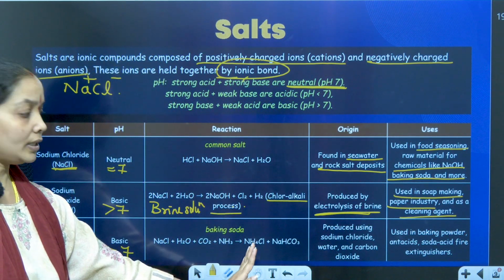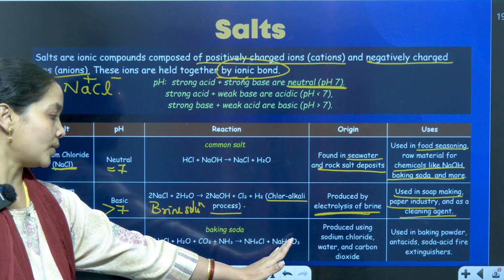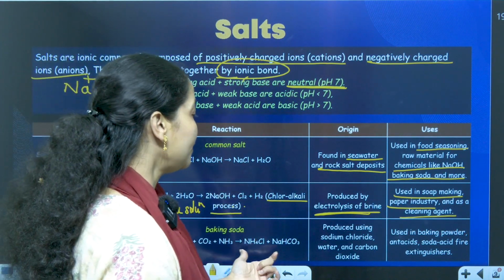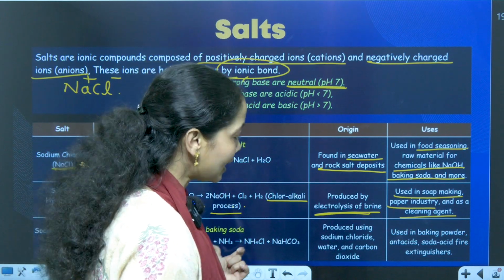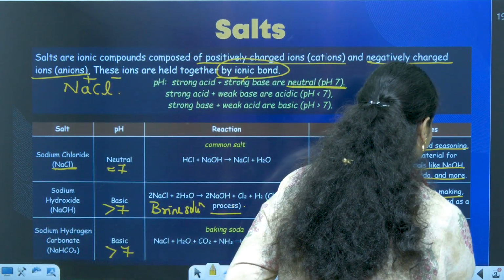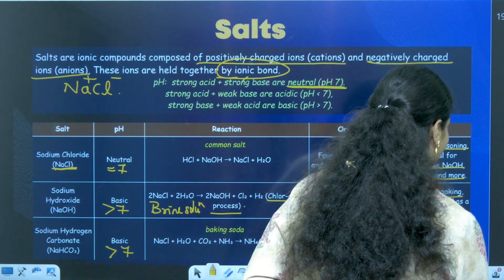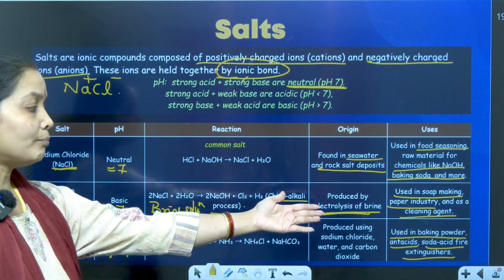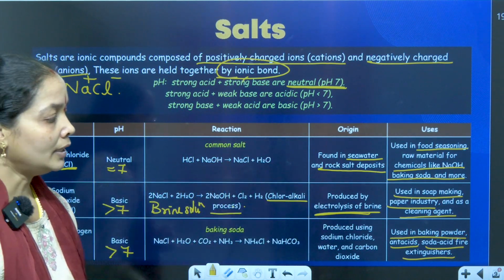I get ammonium chloride and baking soda, which is my required salt. So this is produced using brine with carbon dioxide and ammonia. The major use is, this is used in baking powder, antacid, soda acid fire extinguishers. These are the important uses that you have to memorize.